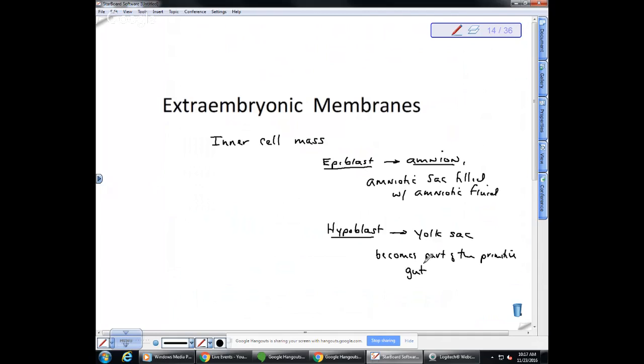And it also forms, let me make sure I get that right. Oh, it's the source of the earliest blood cells and blood vessels.